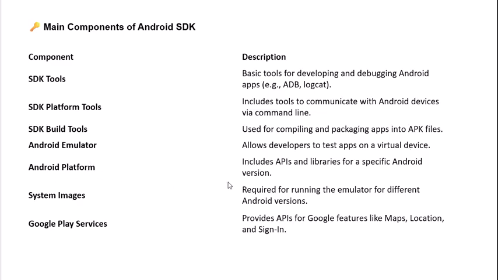Android platforms include the APIs and libraries for specific Android versions. System images are required for running the emulator for the different Android versions, and Google Play services provide the APIs for Google features like maps, location, and sign in.